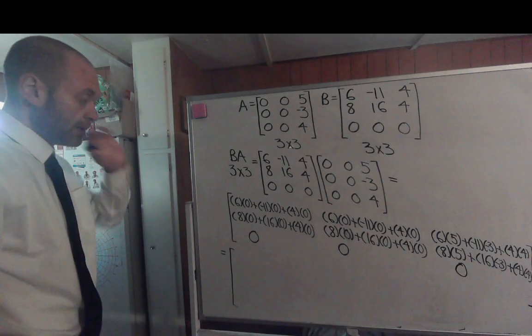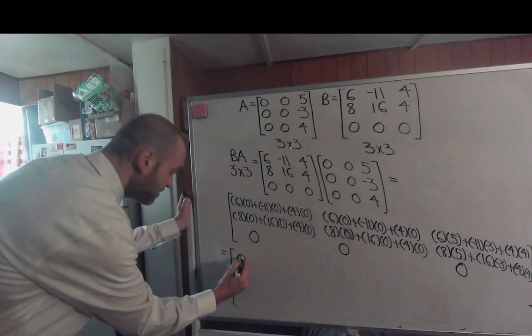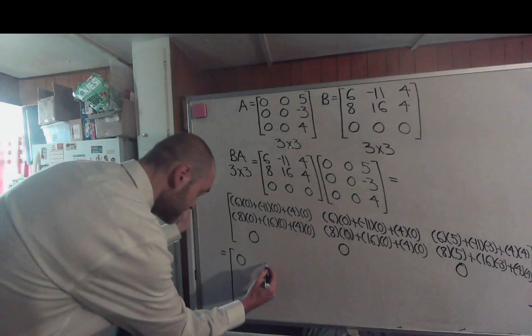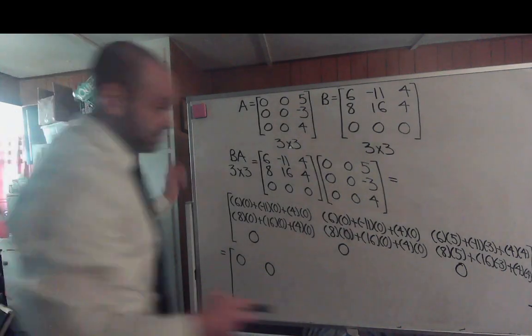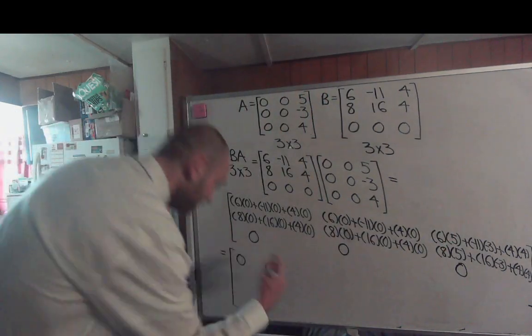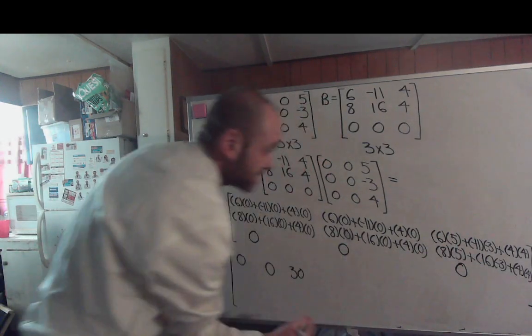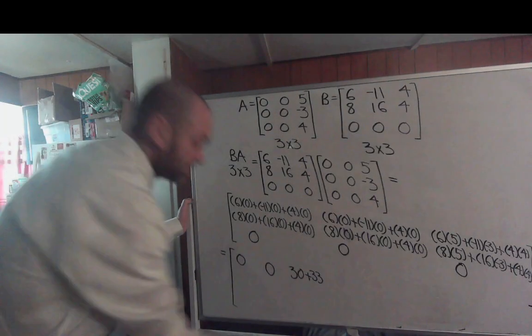So your first number of the first row is nothing but zeros. Second number of the first row, also nothing but zeros. Now, the third number of the first row, 6 times 5 is 30, and then negative 11 times negative 3, so that's plus 33, and then plus 4 times 4 is 16.